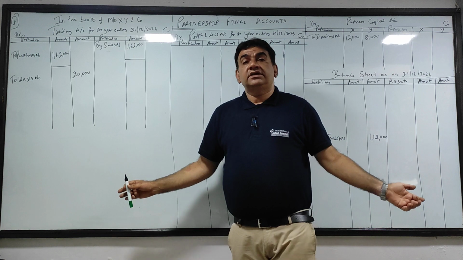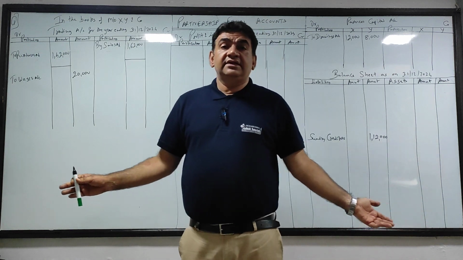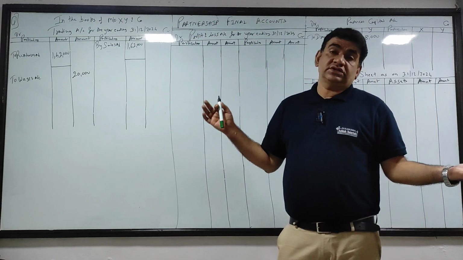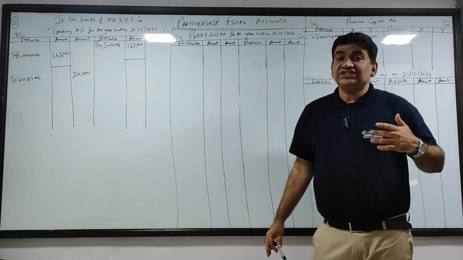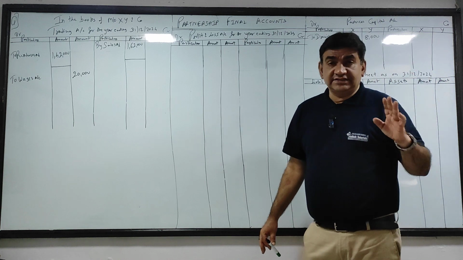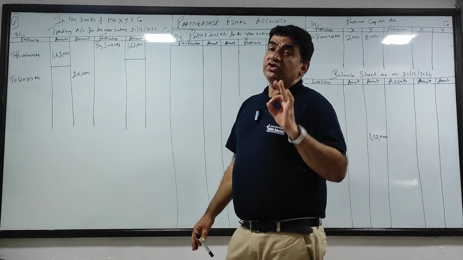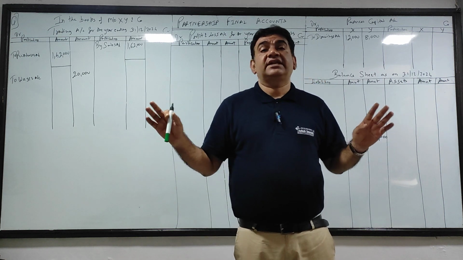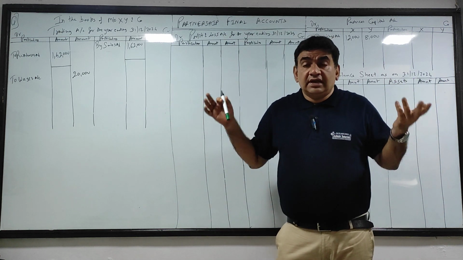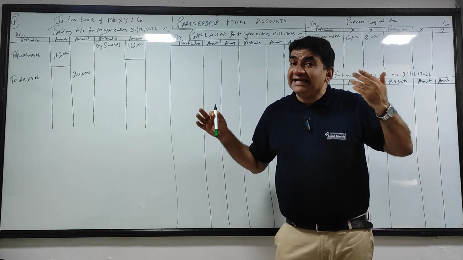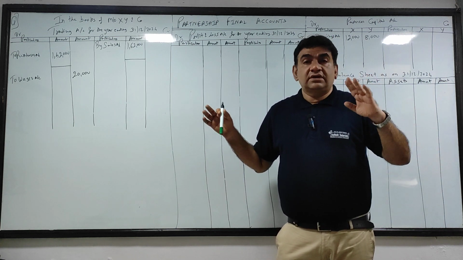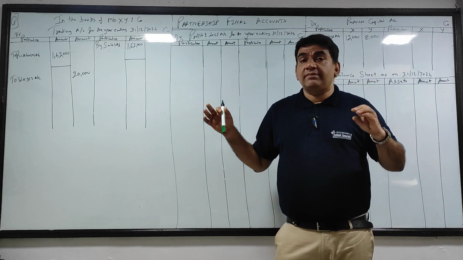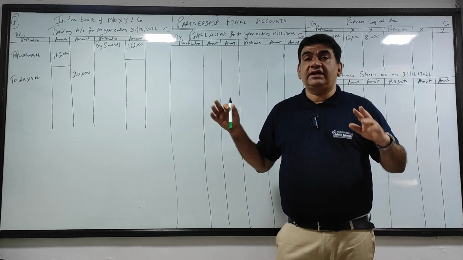Cash. SYJC basic: cash means the money we have lying in our office cash box. Cash will always have either a zero balance or a debit balance. It can never have a credit balance. You cannot have cash as a negative amount. If I ask you how much you have in your wallet, you will say 500, 1,000, 2,000.